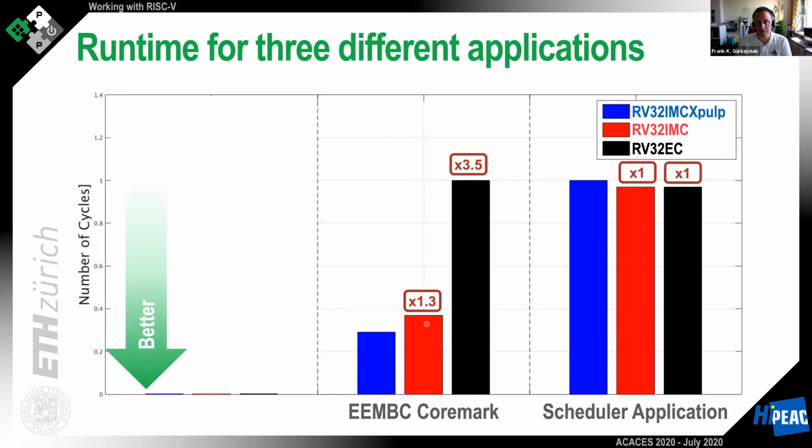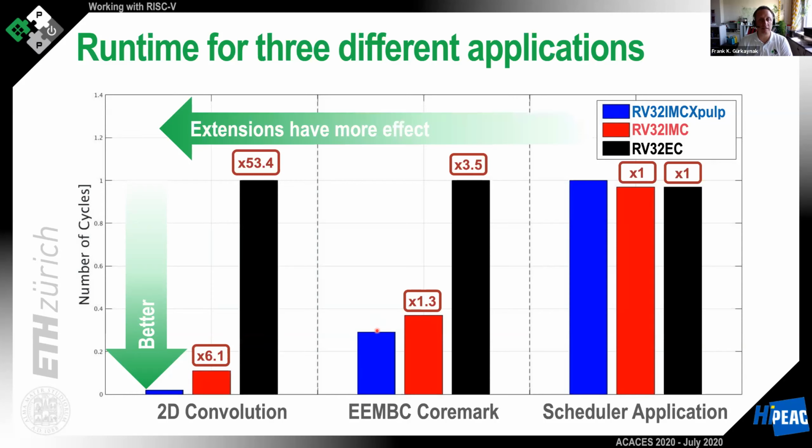The big difference you see will come from the multiplier, because the multiplications inside this benchmark end up being done here in software. Here there is a hardware multiplier. There is still an advantage of using the extensions that we have added. You see that there is about a 30% decrease in the runtime, but that doesn't seem to be something for this type of application. But we developed these extensions for a specific reason.